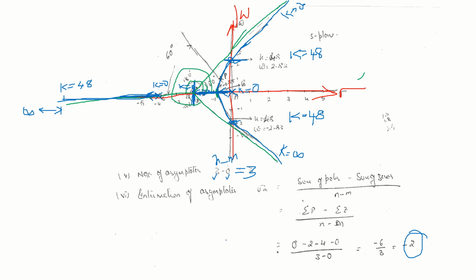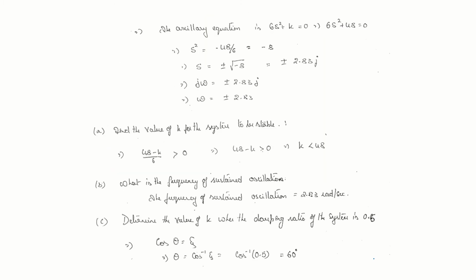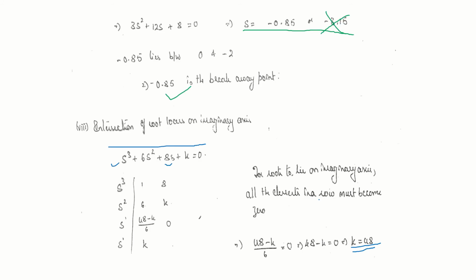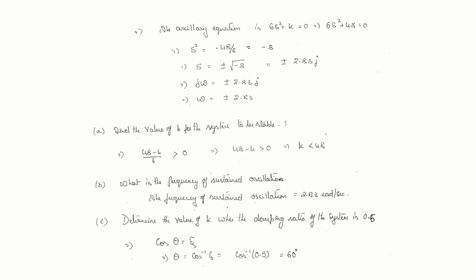Now I can form the auxiliary equation. So what is the auxiliary equation? 6s square plus k equal to 0. K equal to 48, so s equal to root of minus 8, that is 2.83. S equal to j omega.